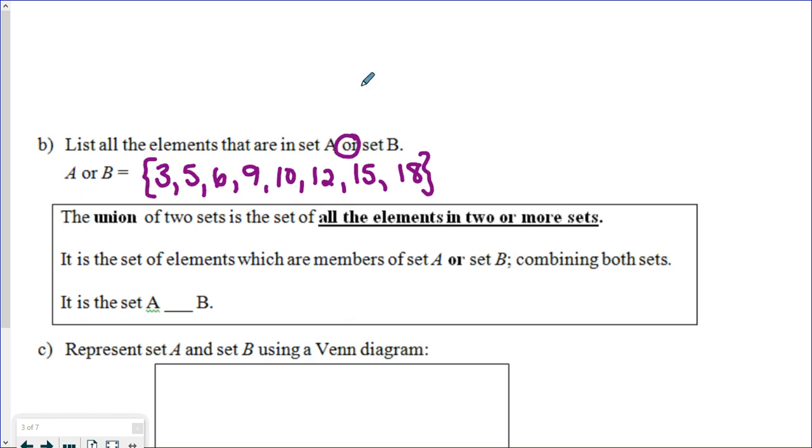So this is a word that we're going to call the union. So the intersection was the last one. That's saying something that's in both. The union is all the elements in two or more sets. So it's the set of elements which are members of set A or set B. So this is a different word. When we see the word and, we're talking about intersection.